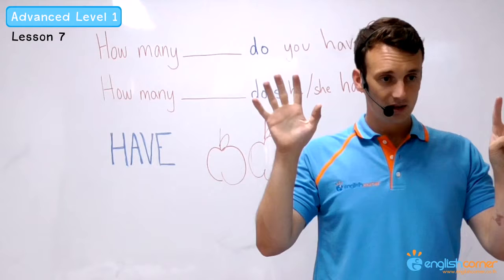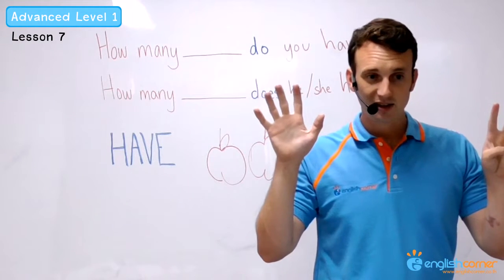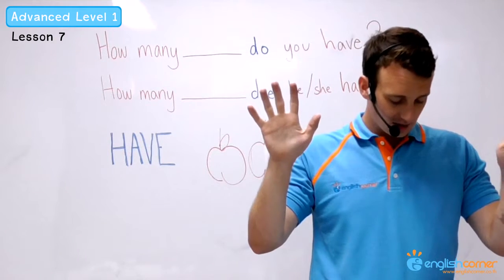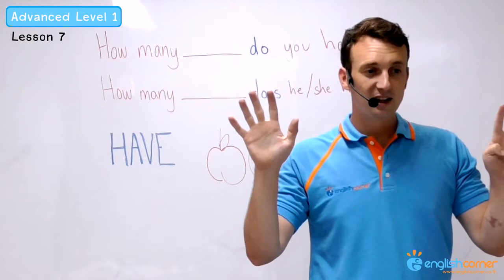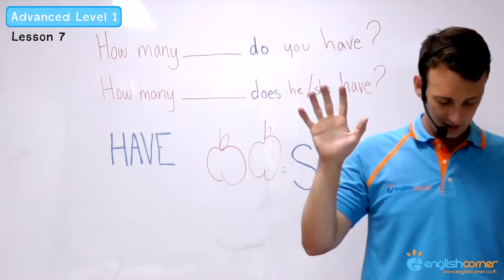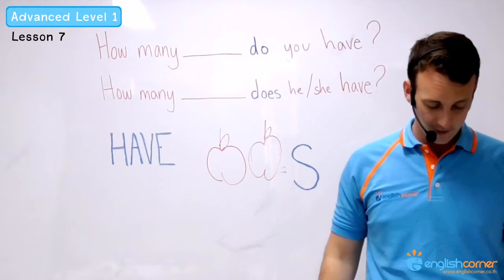There are 8 butterflies. There are 9 chicks. There are 10 oranges. Okay, very good job.